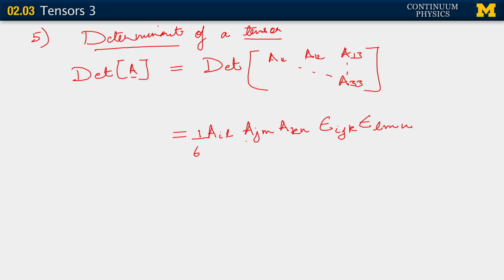We have AIL, AJM, AKN multiplying epsilon IJK, epsilon LMN. If you look at this carefully, you will observe that every single index is repeated. So the result is a scalar because there is a sum implied over all those indices. So this is how we write out the determinant of a tensor.